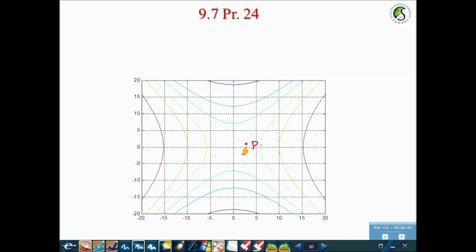So minus 15 to about here, and 7.2 to the positive side. Maybe around here. That's the direction of heat flow.